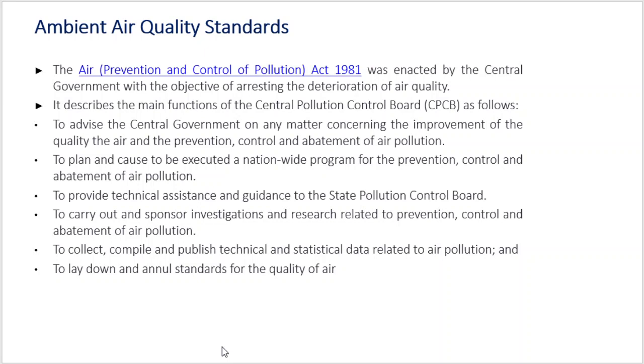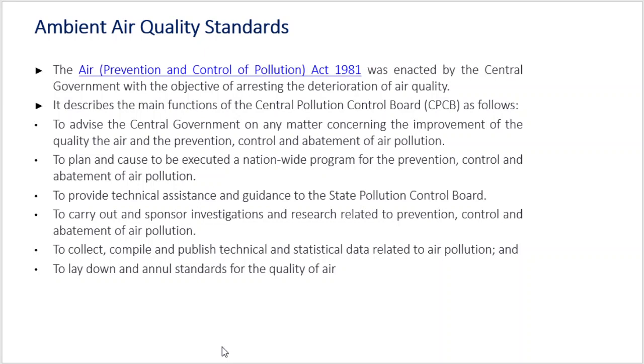It describes the main functions of the Central Pollution Control Board (CPCB) as follows: to advise the central government on any matter concerning the improvement of the quality of the air and the prevention, control and abatement of air pollution, to plan and cause to be executed a nationwide program for the prevention, control and abatement of air pollution, to provide technical assistance and guidance to the State Pollution Control Boards, to carry out or sponsor investigations and research related to prevention, control and abatement of air pollution, to collect, compile and publish technical and statistical data related to air pollution, and to lay down standards for the quality of the air.